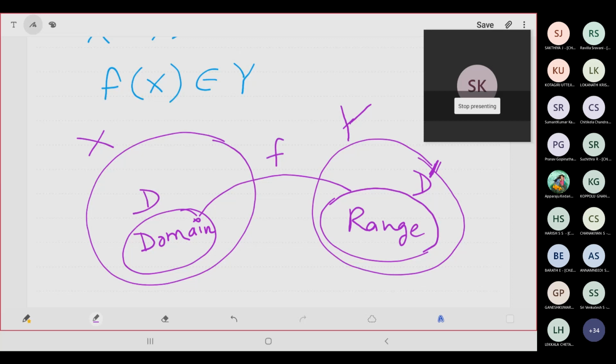The range of the function might not include every element in the set capital Y. That means we can't say that all the elements in capital D map onto all the elements in capital Y. Only some of the elements of set Y may be covered.